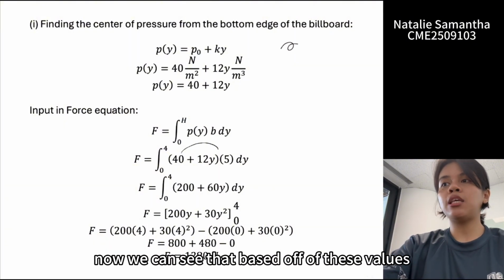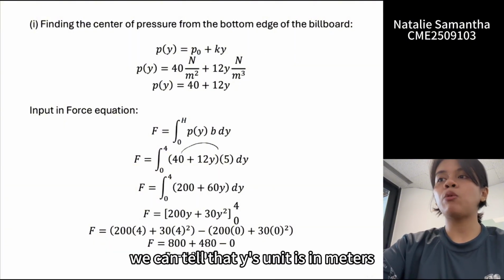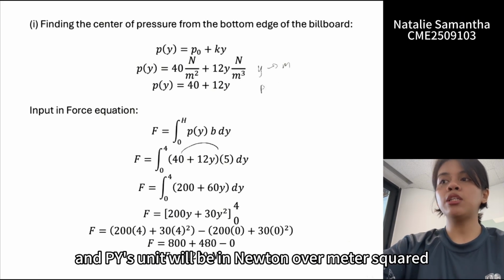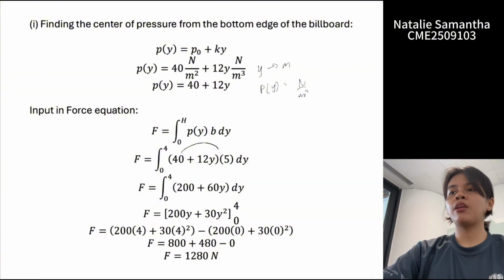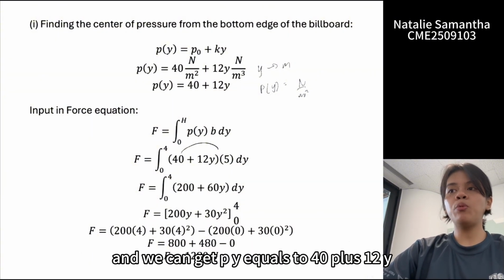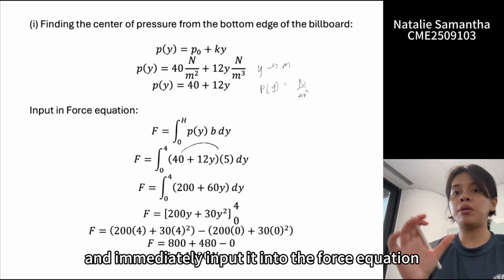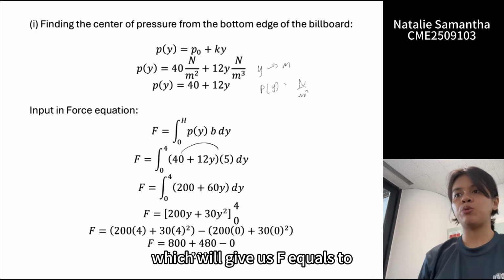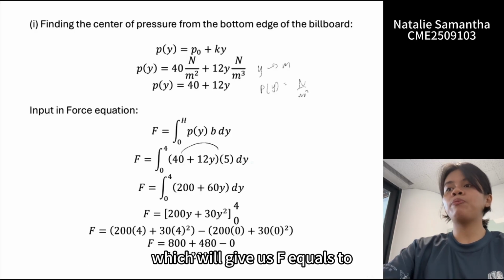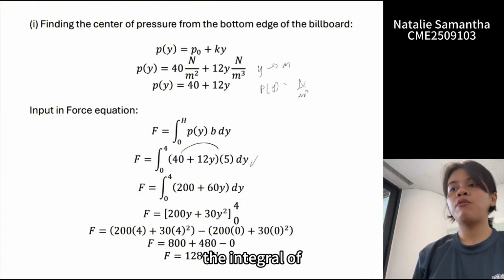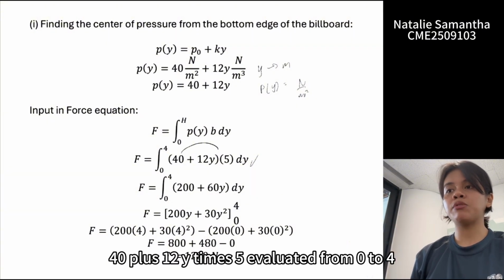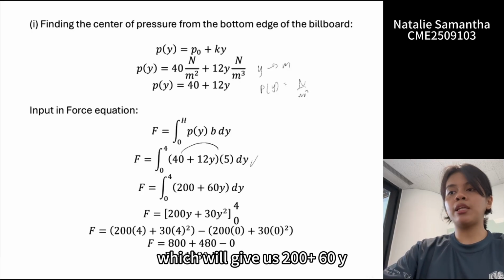Now, based on these values, we can tell that Y's unit is meters, and Py's unit will be Newton per meter squared. So we can plug it all in and get Py equals 40 plus 12Y, which we can take and immediately input into the force equation, which will give us F equals the integral of 40 plus 12y times 5 evaluated from 0 to 4, which gives us 200 plus 60y.